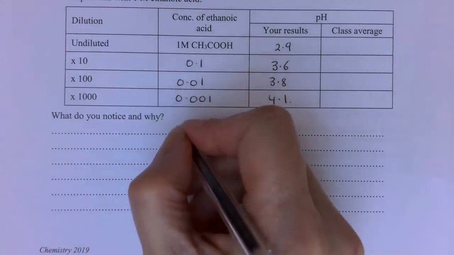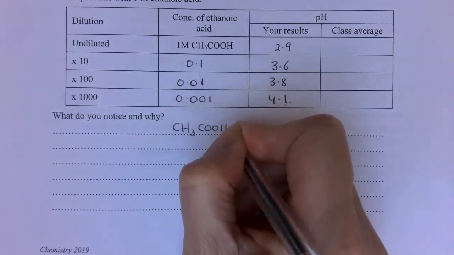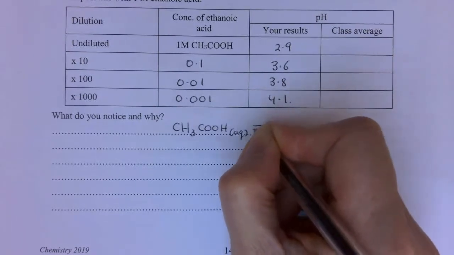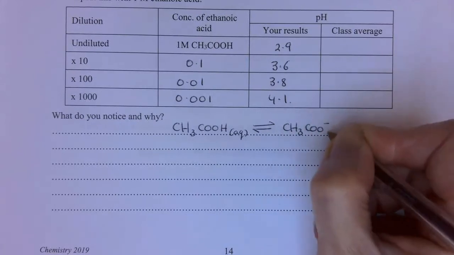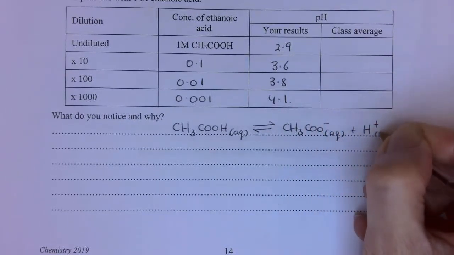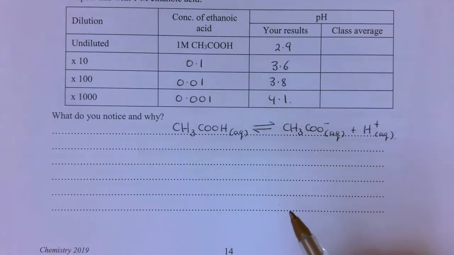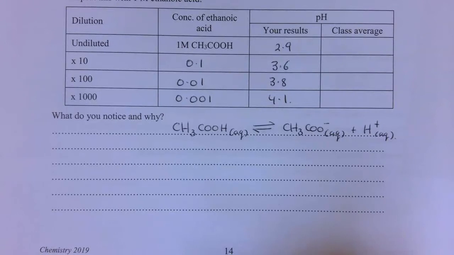So again, if I do the equation, and it's always a good idea to start these expressions with an equation. Remember, it is reversible. So we have CH3COO negative, aqueous, and our hydrogen ions, aqueous. Now notice, this time we have this reversible sign, and also because it's a weak acid, only a little bit of it will ionize.